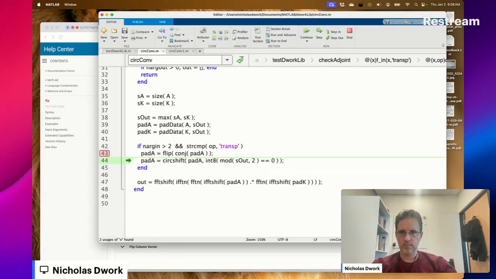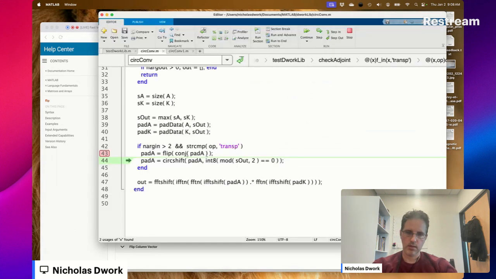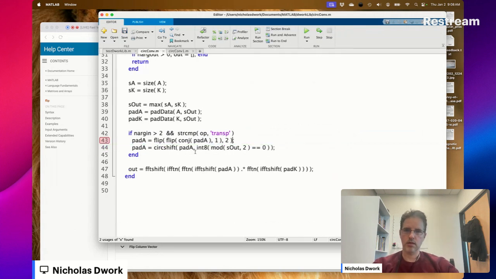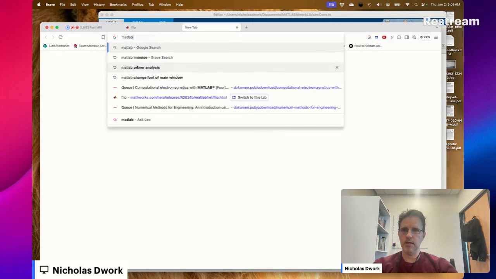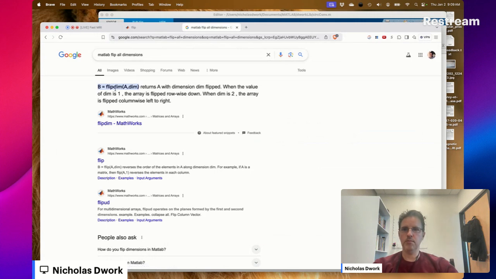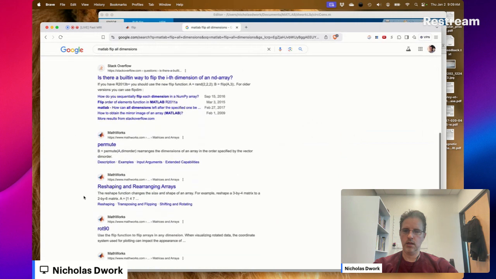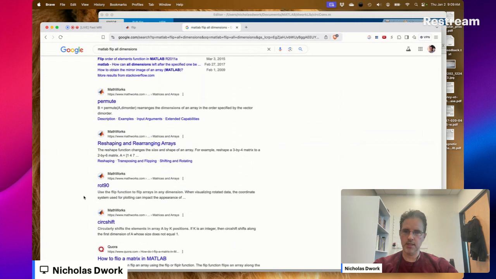Okay. There's no flip in all dimensions? MATLAB flip all dimensions. Flip dim? My goodness.